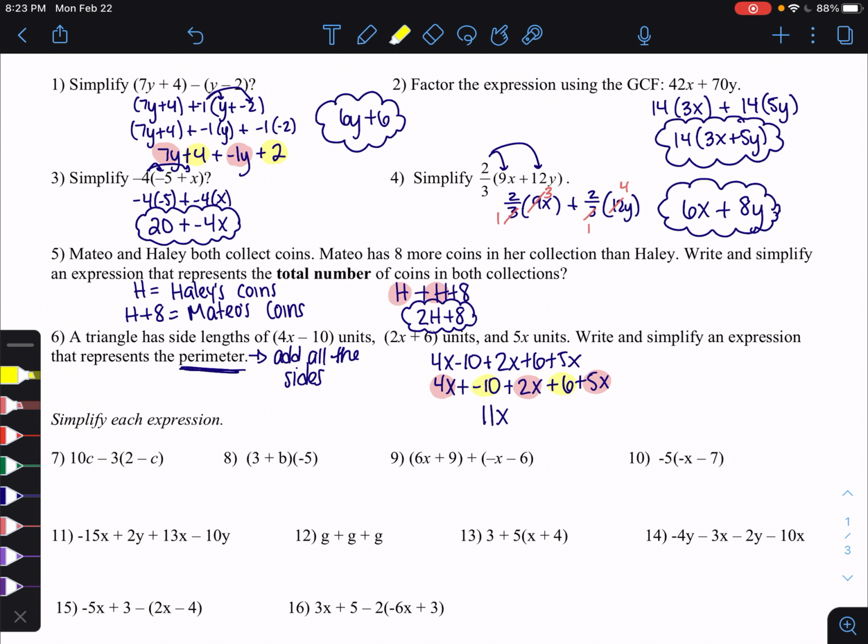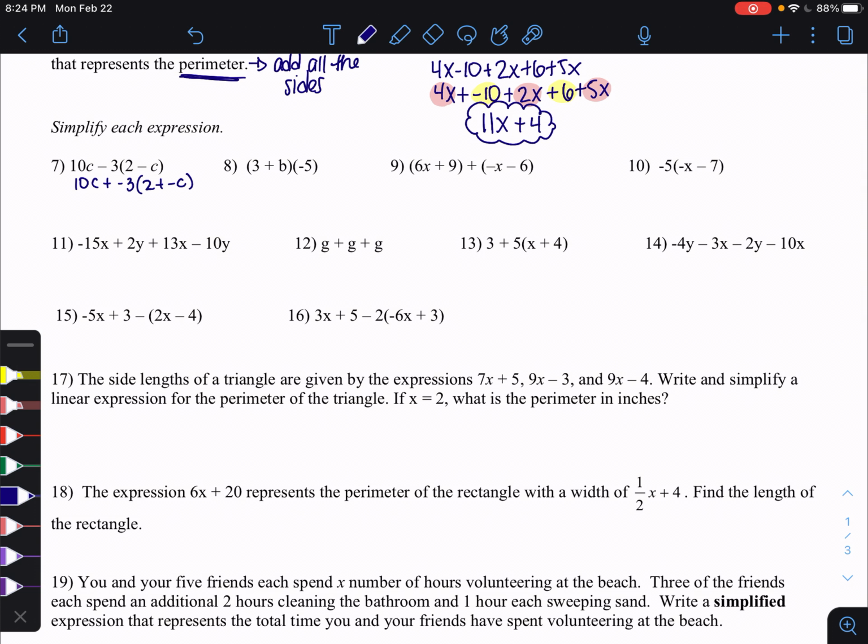In 7 through 16, we are just simplifying in any way that we can. So distributive property, combining like terms, or both. It just depends on the question. So this first one, number 7, I'm going to rewrite this as plus a negative. So 10c plus negative 3 times 2 plus negative c. And now I'm going to distribute. So I'm going to show my arrows for the distributive property.